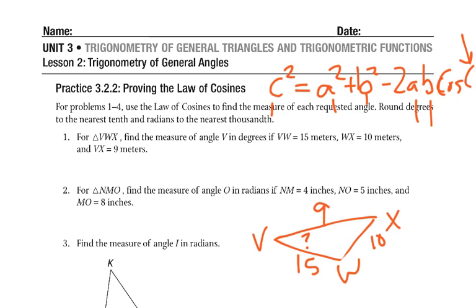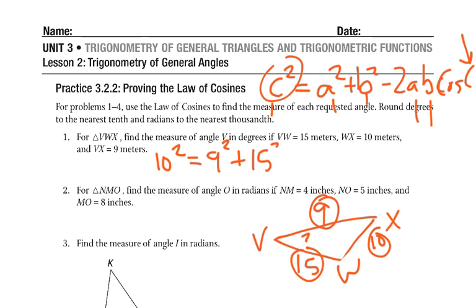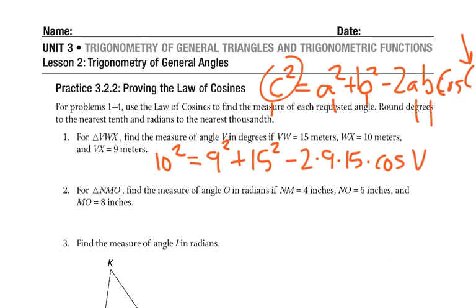So in this case, C would be this 10. So I'd go 10 squared equals, and then this is A and B, doesn't matter, 9 squared plus 15 squared minus 2 times 9 times 15 times the cosine of angle V, which is what we're looking for. Okay, so I cleared that out of the way.